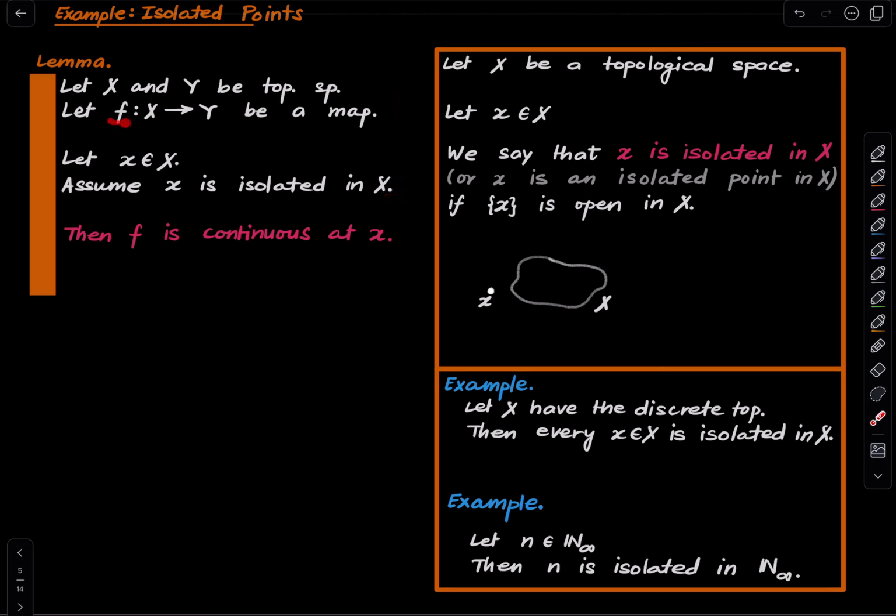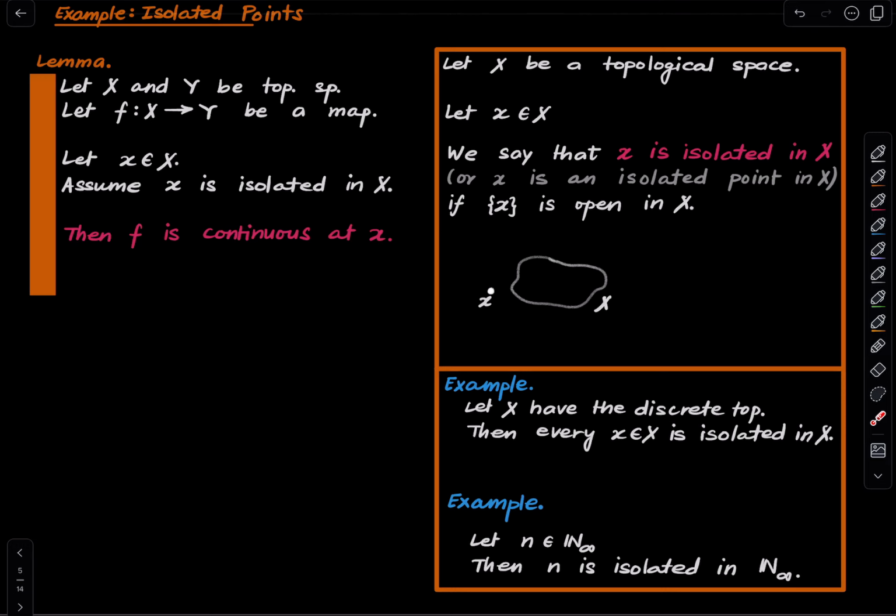We have a map between two topological spaces and we have a point which is isolated in the domain. Then the map is continuous at that point. So the upshot is, or another way to state this lemma is that any map between topological spaces is continuous at the isolated points. It may be continuous at other points also, but it is continuous at the isolated points by default. And the reason is extremely simple.